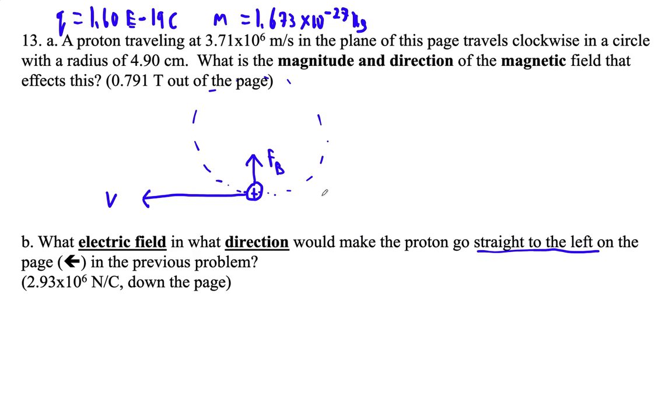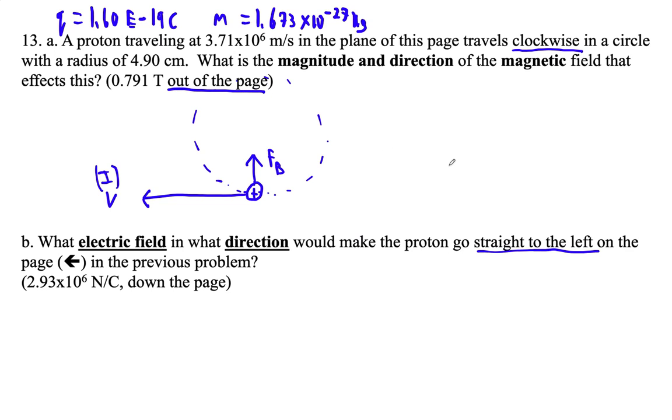Let's figure out the direction the magnetic field needs to be. Put your index finger to the left, put your thumb up the page. My middle finger is pointing out of this page, so the magnetic field is definitely out of the page.